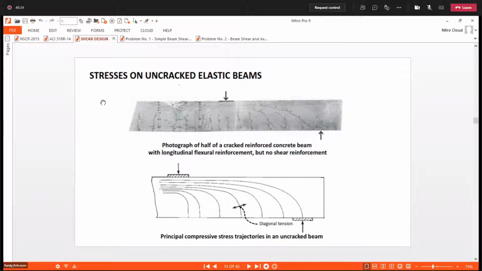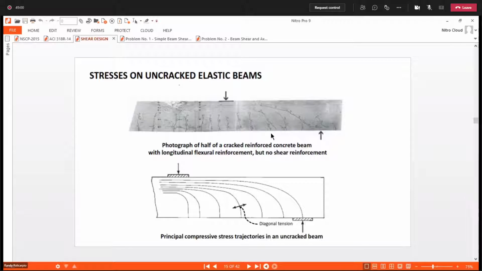This concrete beam has no shear reinforcement, with longitudinal reinforcement only. Wala siyang stirrups. So they want to see what will happen to the concrete once it is subjected to a load.